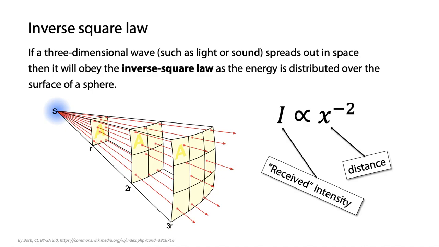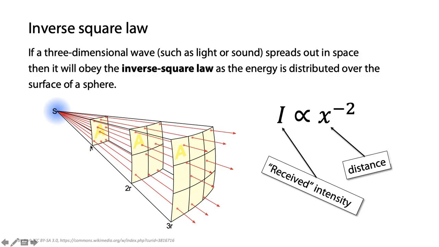Now, if you have a source of radiation, be it light, be it sound, that's spreading out in a spherical way, as most sources will do, over space, then it will obey something called the inverse square law, which is just a consequence of geometry.